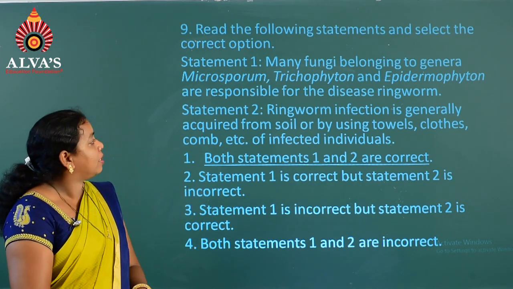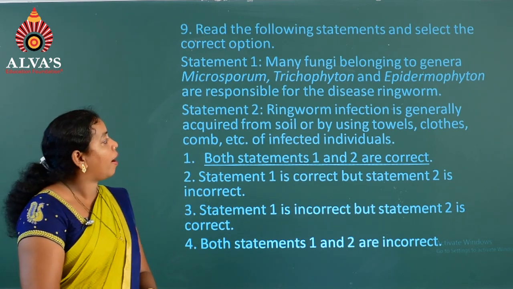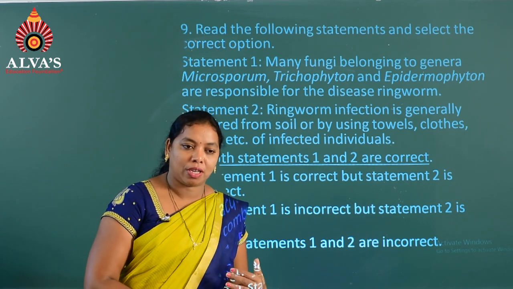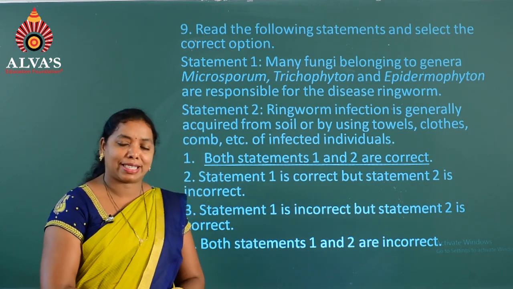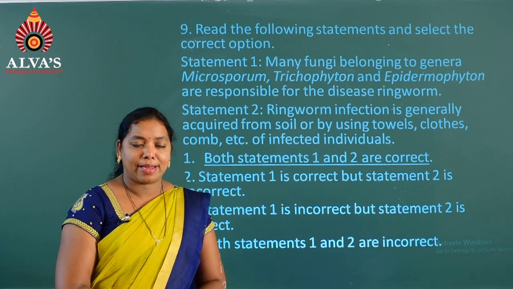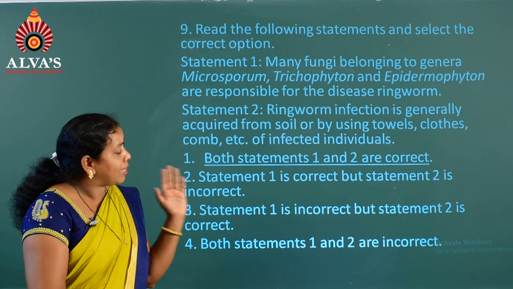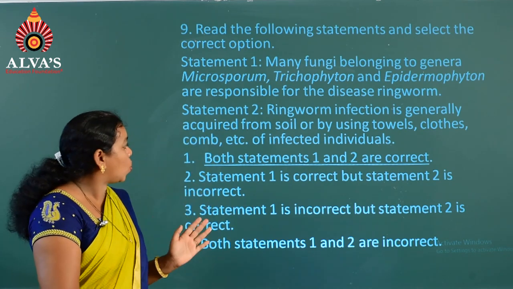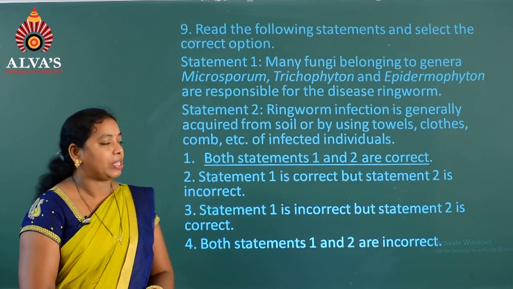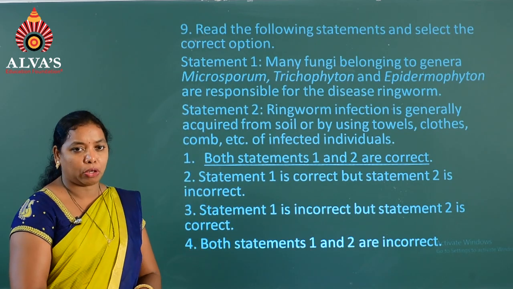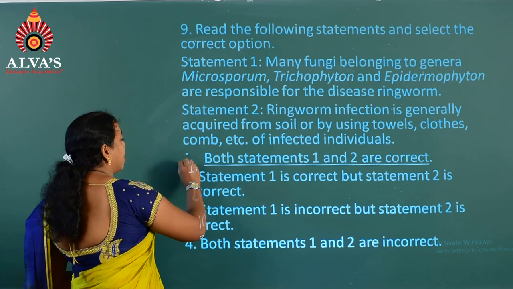And in statement 2, ringworm infection is generally acquired from soil, and this disease spreads from one person to another because it is an infectious disease. It gets spread through things like towels, clothes, combs, etc. used by an infected person. So, hence the answer for question 9 is that both statements 1 and 2 are correct.